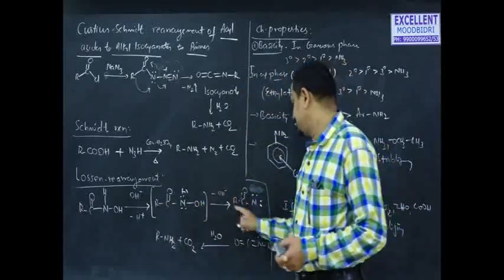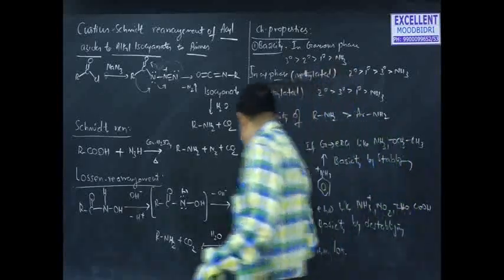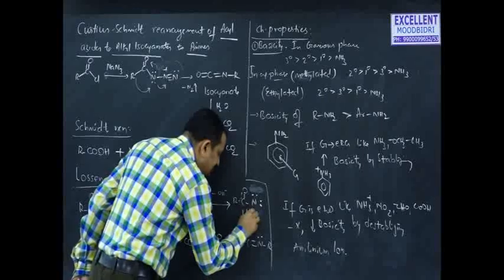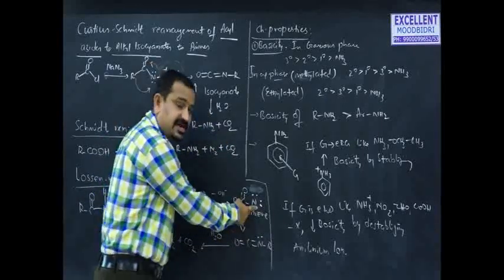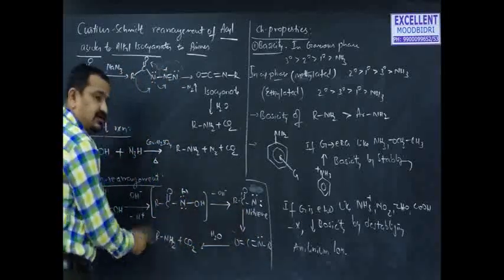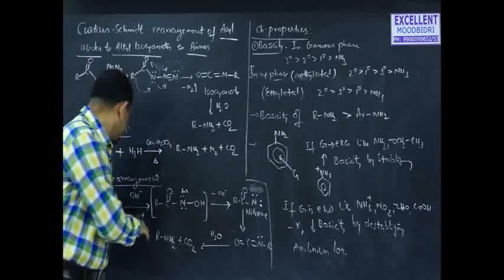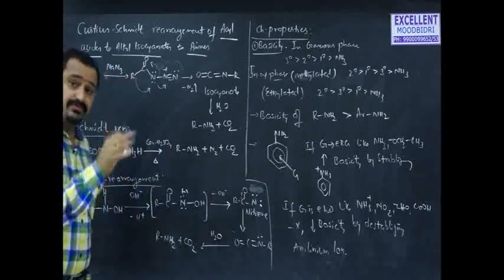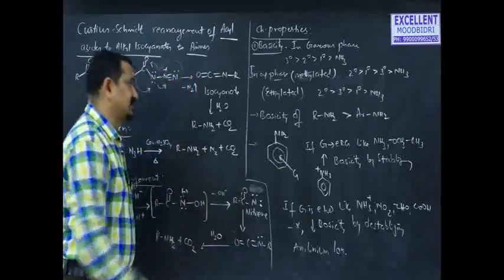This intermediate is called a nitrene intermediate. As it is electron deficient, the alkyl group will be shifted, giving an isocyanate, which on hydrolysis gives an amine. So in all these previous methods and even in the Lossen rearrangement, there is formation of isocyanate.